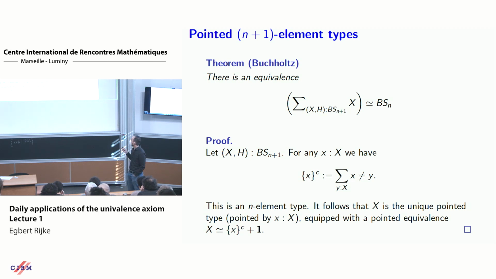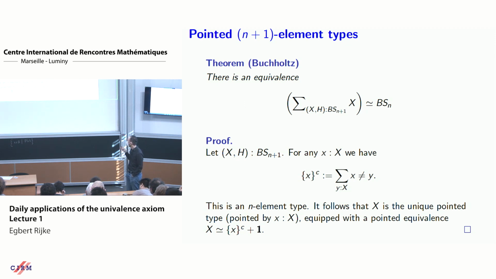The way the proof goes is: if I have an n+1 element type X with a proof that it has n+1 elements, and I have a point in it, so I have a pointed n+1 element type, then what I can do is take the complement, removing the point from X. So I take the type of all Y's that are not X, and that's now an n-element type, and even more, it's the unique n-element type.